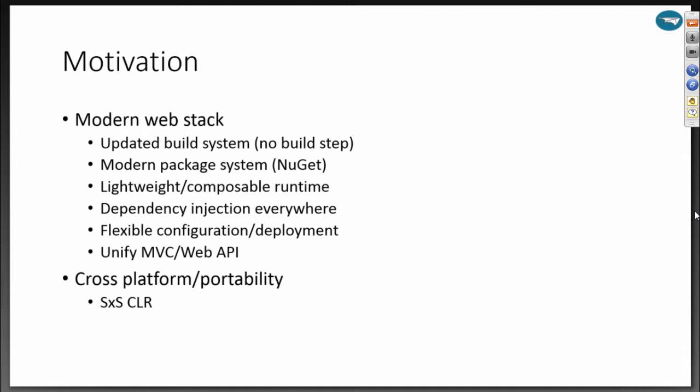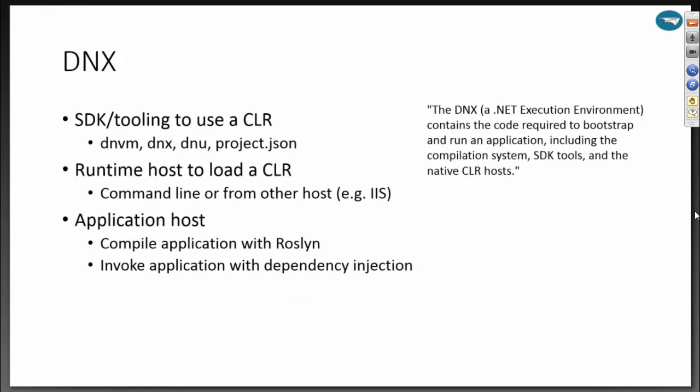So that's actually the next thing that DNX is going to do for us: it is going to dynamically compile your code on the fly. So there is no more formal build step that you have to go through with these DNX style applications. What will happen is when you launch DNX, the application host will load up.